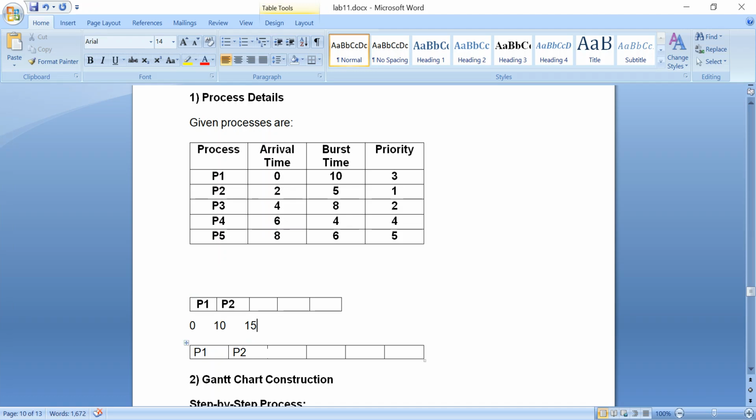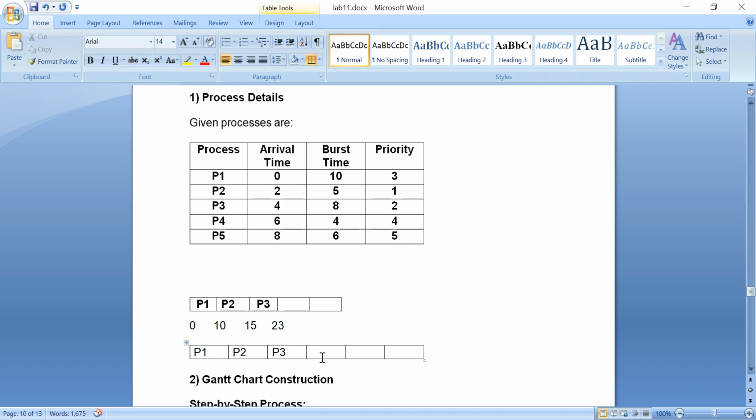Then we have P3 in the ready queue. It also has the highest priority, so it will be scheduled, and it will take 8 seconds, so it finishes at 23 and is removed from the queue.